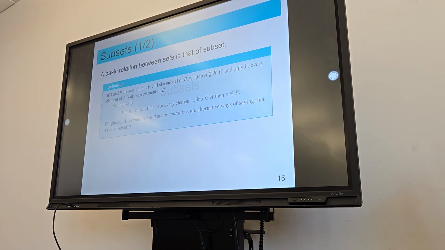Subsets. A basic relation between sets is that of a subset.